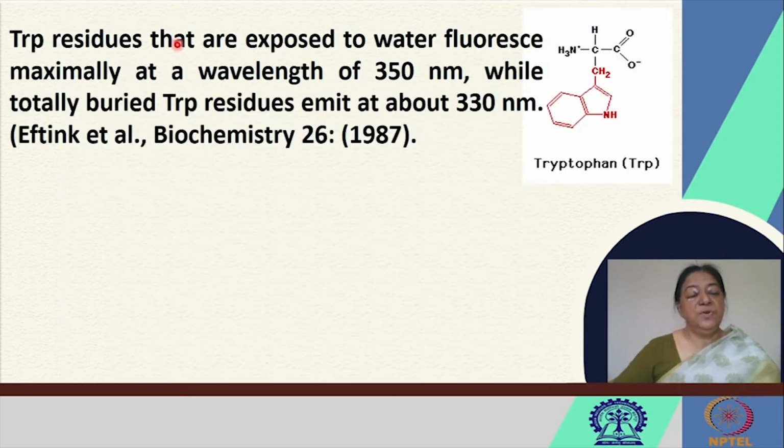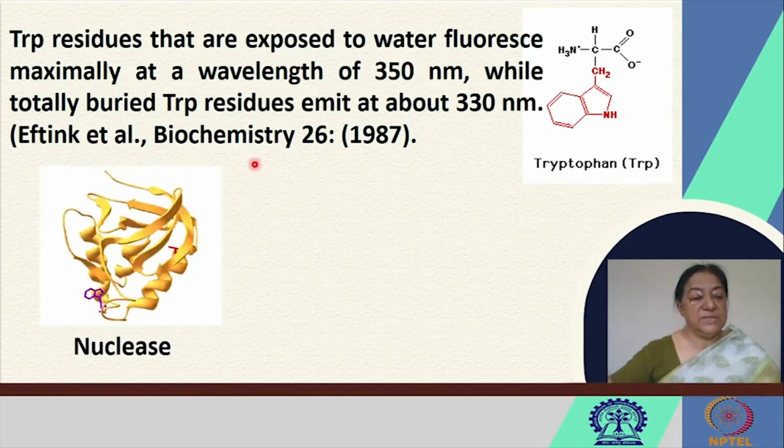So the tryptophan residues that are exposed to water fluoresce maximally at a wavelength of 350 nanometers, while those that are totally buried emit at about 330 nanometers. So given this range, we can understand where our tryptophan residue lies. For example, if we look at the tryptophan in the nuclease protein here, this is where it is situated in the folded protein.